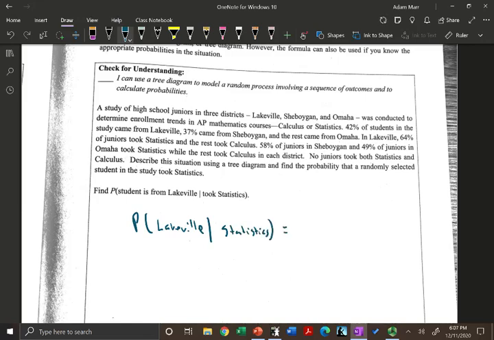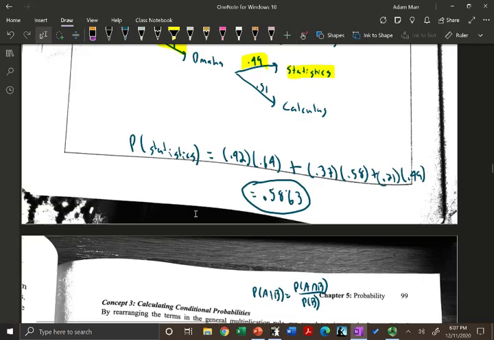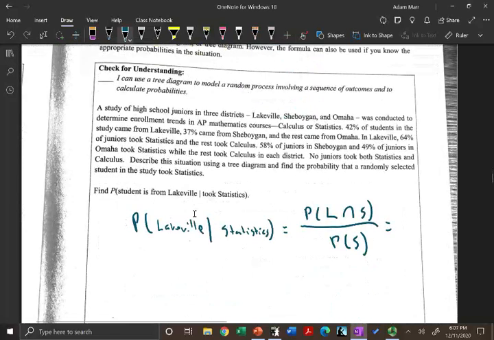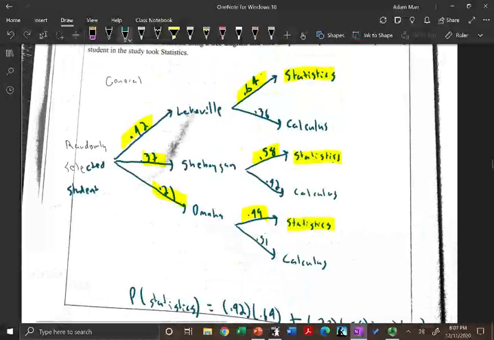If we figure that from a formula, that's going to be the probability of, I'm going to put L for Lakeville and S for statistics, Lakeville and statistics, divided by the probability that they took statistics. We already got the probability that they took statistics. It is 0.5863, so let's enter that in. The probability that they went to Lakeville and took statistics is right here.